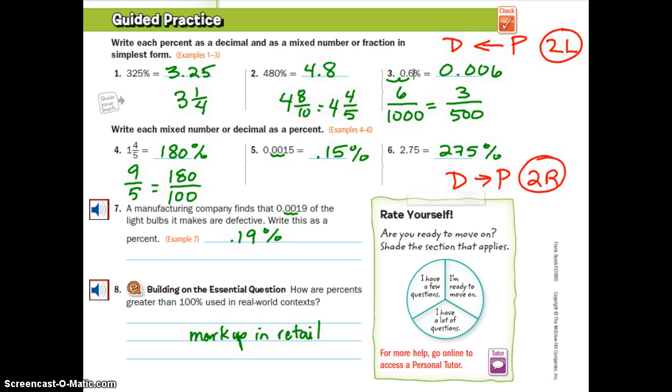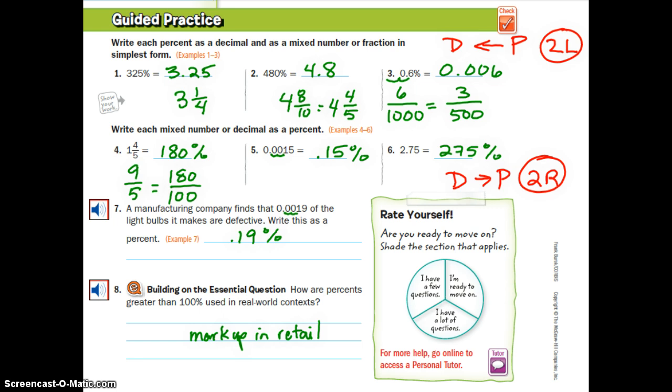And it doesn't matter how big or small a number is. You're only going to do 2 because you're multiplying and dividing by 100. You're only moving the decimal 2 places. It does not matter how small the number is. Do not just keep moving the decimal because you think it's small. Just move it 2 times. So again, check your answers. See if they match mine.